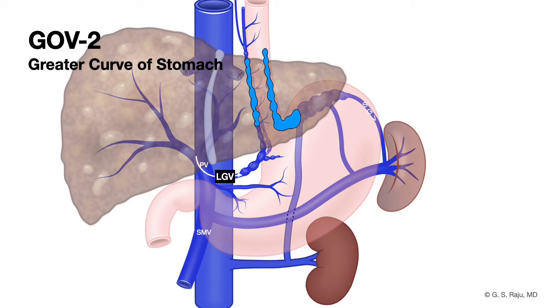From the portal vein, left gastric vein, to the varices along the right side of the esophagus, and the blood supply to the varices in the fundus goes from the portal vein, splenic vein, posterior gastric vein, and into the fundus of the stomach.